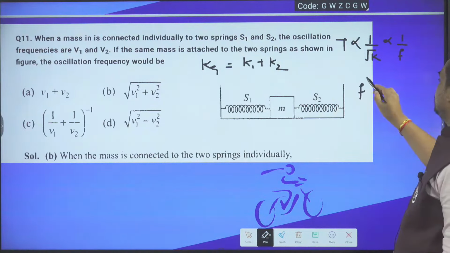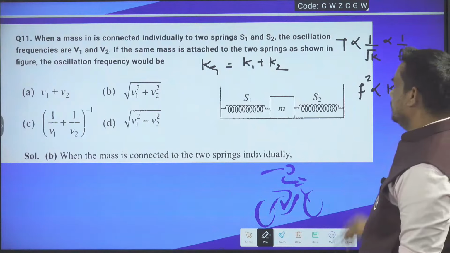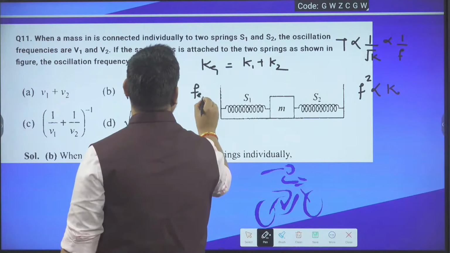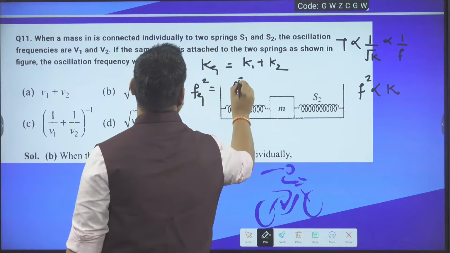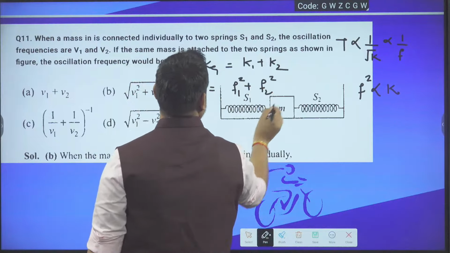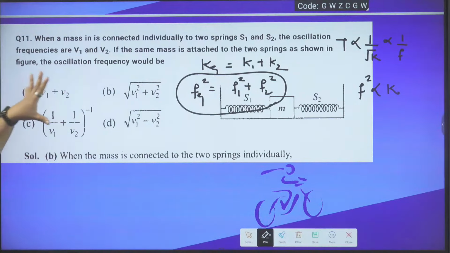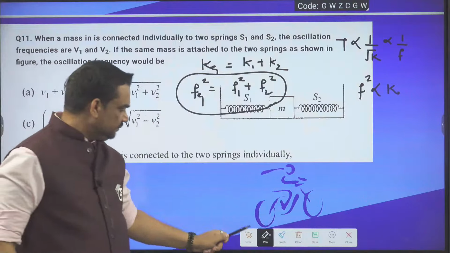So frequency square is proportional to K. So I can write here that K equivalent becomes f equivalent square, and here we write f1 square plus f2 square. This relation with the time period as well as frequency both need to be remembered.